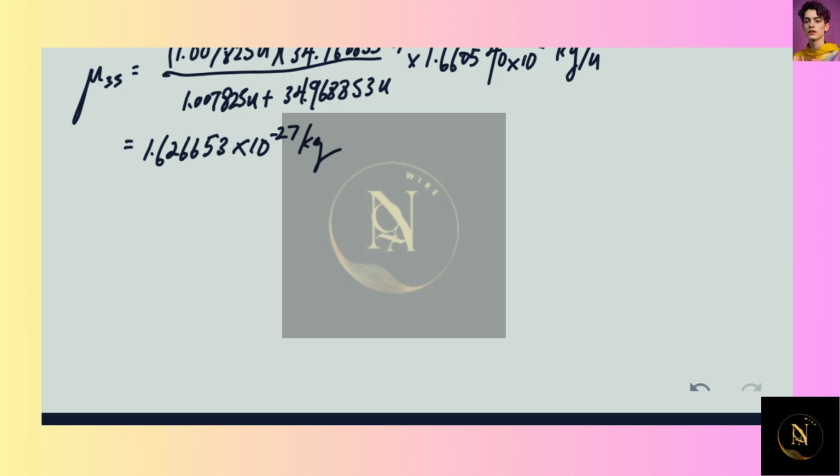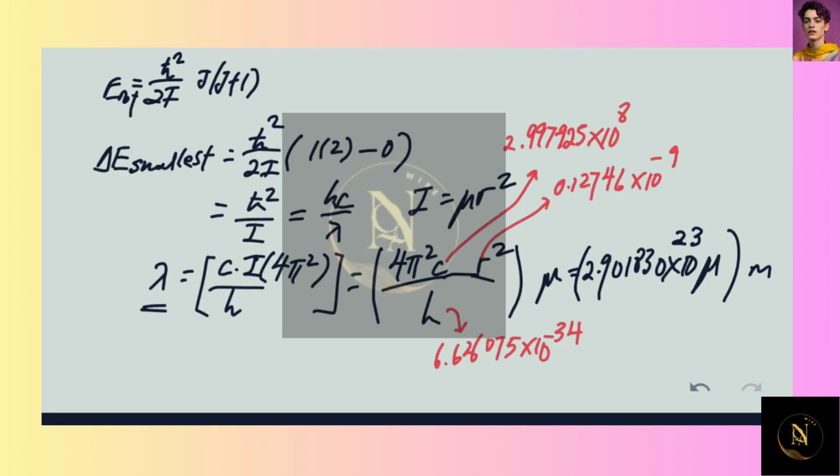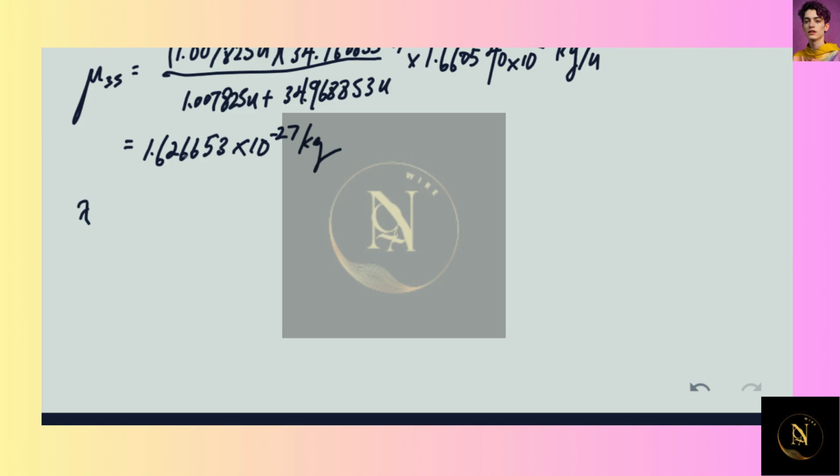Using this reduced mass, we put it into the previously found equation and substitute it in to get the wavelength.